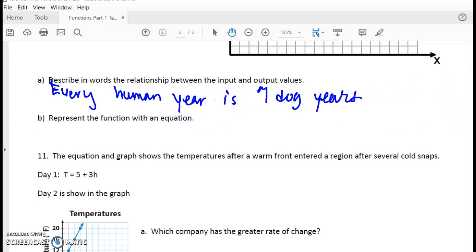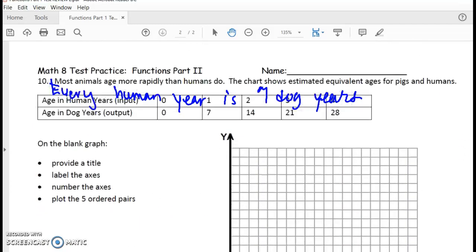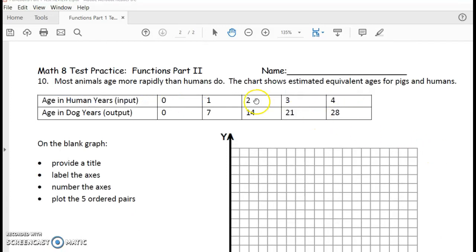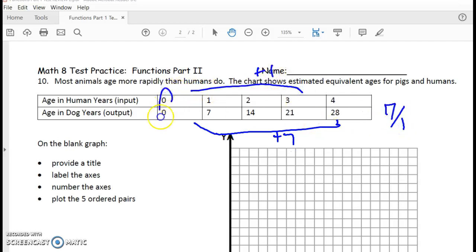Well, when you come up here and you look at the rate of change, the rate of change is 7. All of these are increasing by 7. All of these are increasing by 1. So 7 over 1. Initial value is right there. So therefore, y'all, I'm writing. Make sure you're writing.